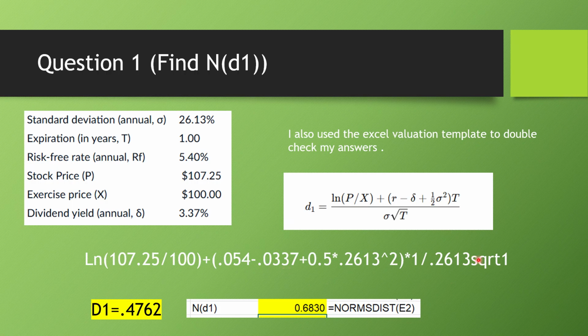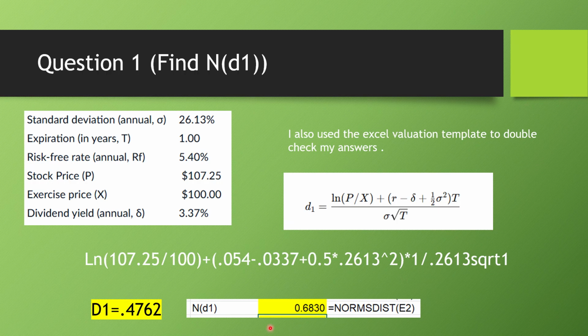So obviously the square root of 1 is 1, and that has no change, so you divide everything that's in here by the standard deviation, and you should get 0.4762.